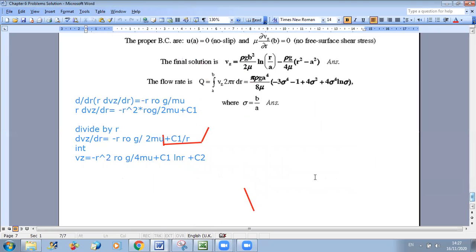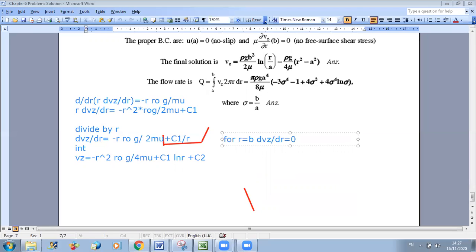So these are our equations. For del v by del r, we have the condition that for r equal b, dVz by dr is equal to 0.